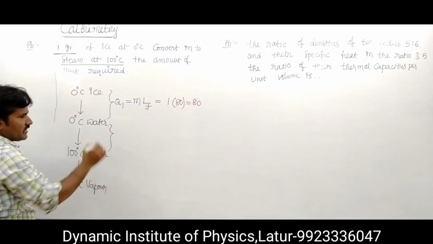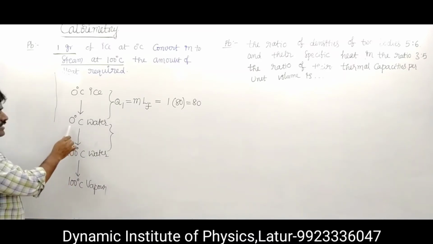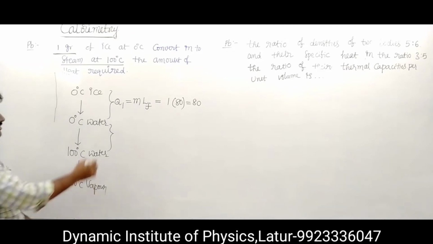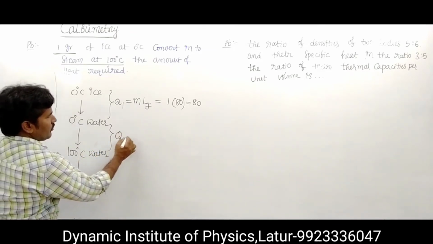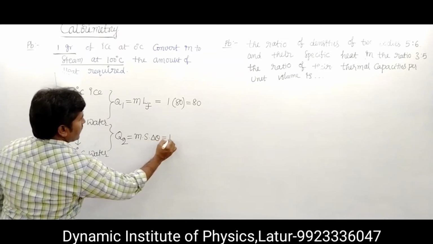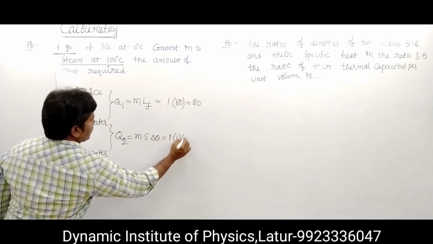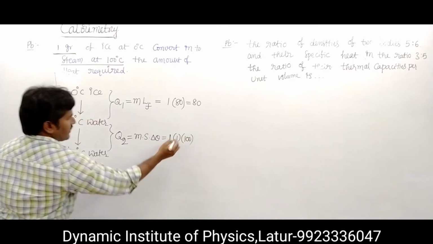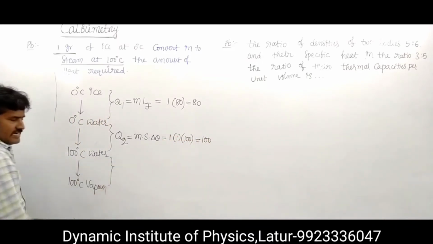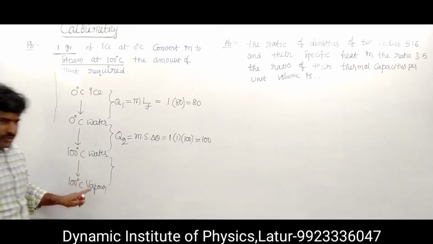In this condition, temperature changes: 0 degree centigrade water converted into 100 degree centigrade water. Then Q2 is written as ms delta theta, which is 1 into 100 degree centigrade temperature change. Its value equals 100 calorie. And in the third stage, water converted into vapor.